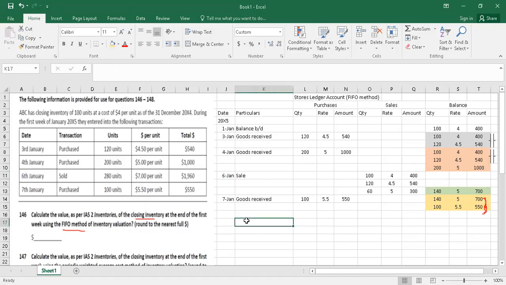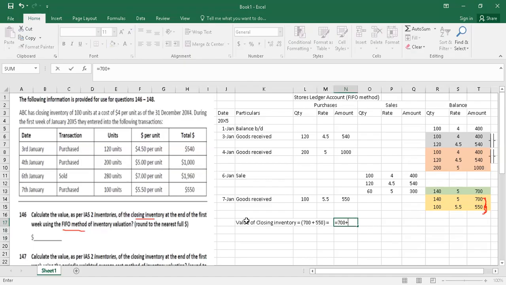I'll make a mention here: 700 plus 550, which is equal to 1,250.